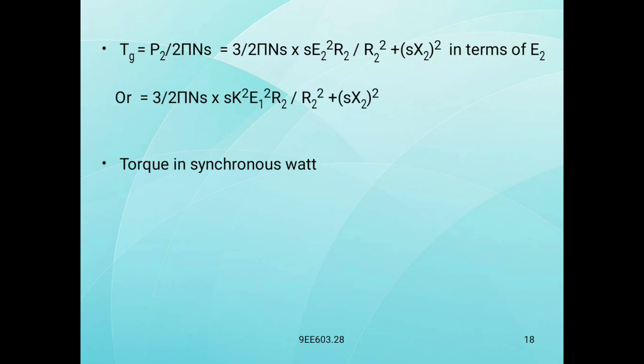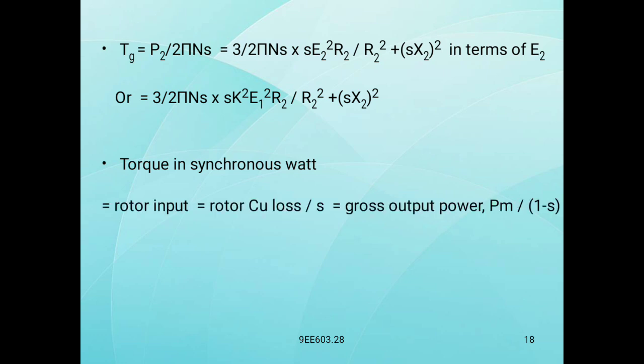Torque in synchronous watts: rotor input is equal to rotor power losses by s. So gross output power Pm is rotor input times (1 minus s).